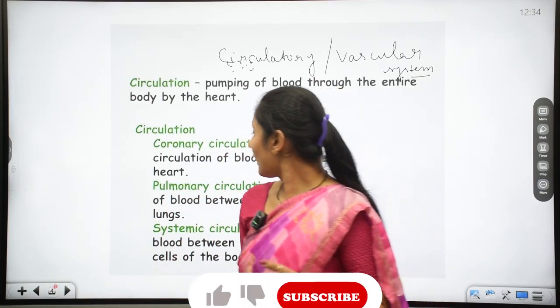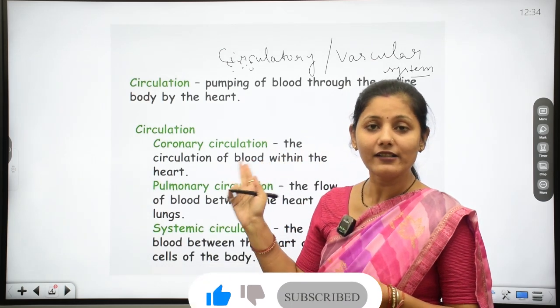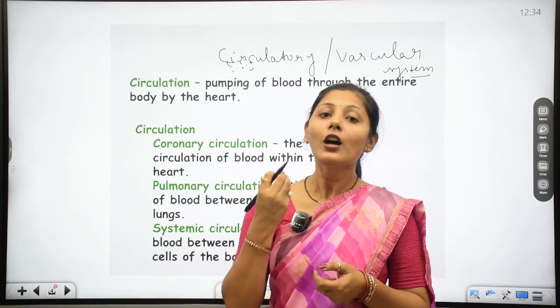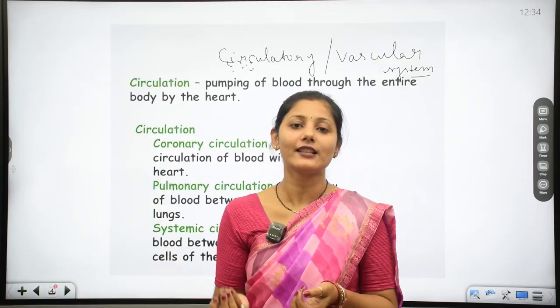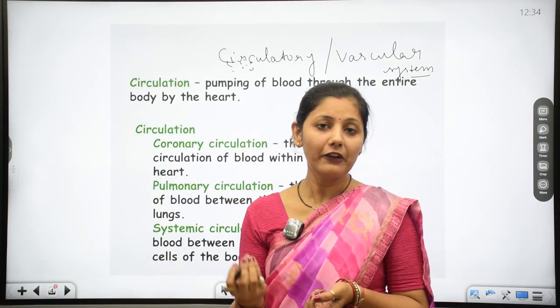Okay. So come to the circulatory system. We have two types of circulatory system. In higher category plants or animals, we have a closed vascular system in which the blood flows inside the blood vessels. This is known as the closed circulatory system.